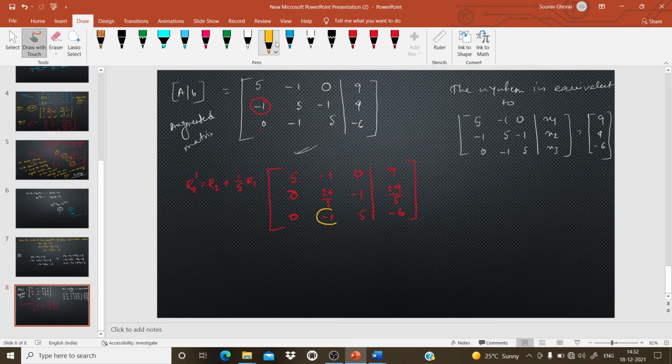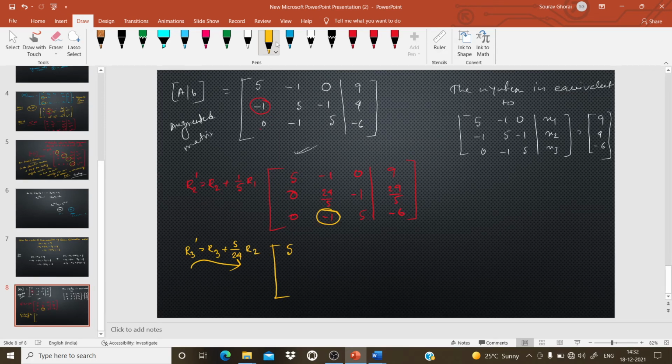Now our objective is to make this element 0 with the help of the second row. So that is R3' = R3 + 5/24 R2.